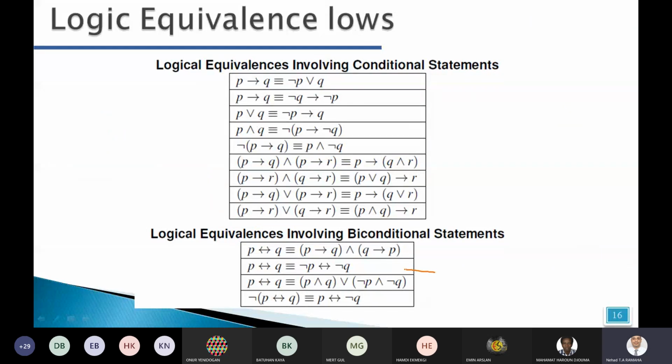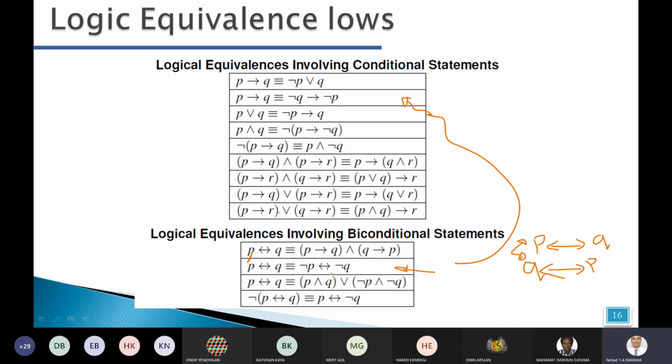Here, similar for this one with implication, but the difference is, it doesn't matter if you put P double implication, or biconditional, with the Q, or Q double implication with P. It's equivalent actually.